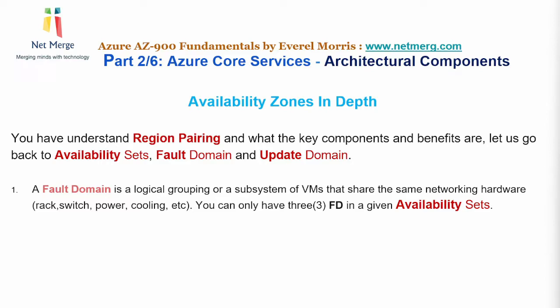It's a logical grouping of virtual machines that share the same networking hardware. So think about it as a stack or a rack of servers. Now, let's say you have 10 virtual machines in a rack, or 5, or however many, but you must have at least 2 to create what is known as an availability set.